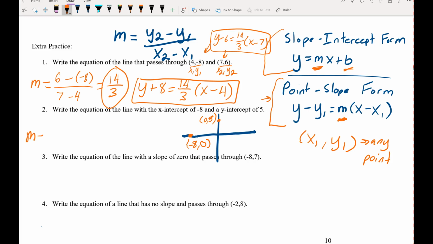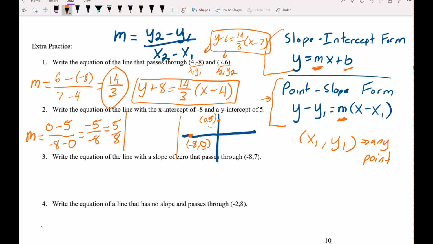So I'll do the same thing that I did for the last one: 0 minus 5, subtracting my two y values, divided by negative 8 minus 0. When I simplify, I get negative 5 over negative 8, and two negatives divided by each other make a positive, so my slope is just 5/8.